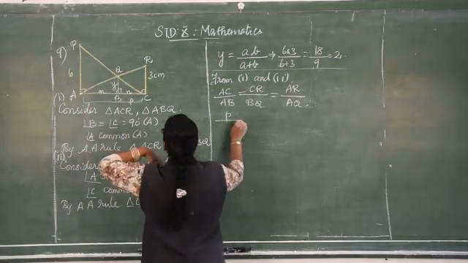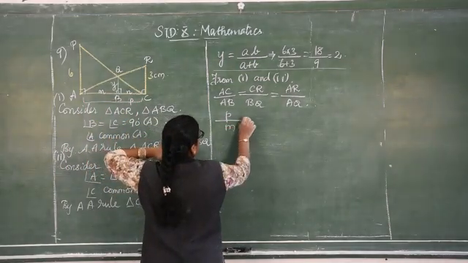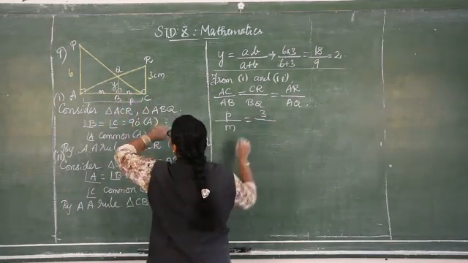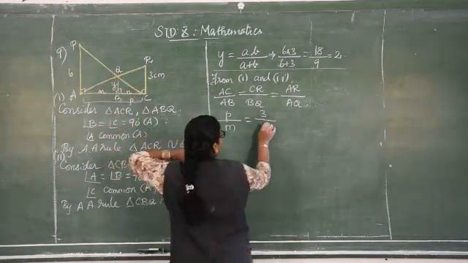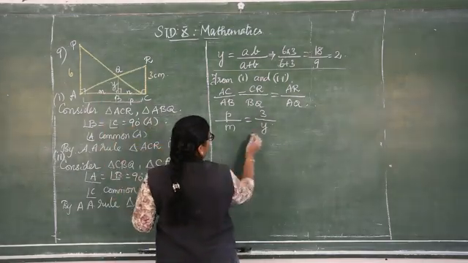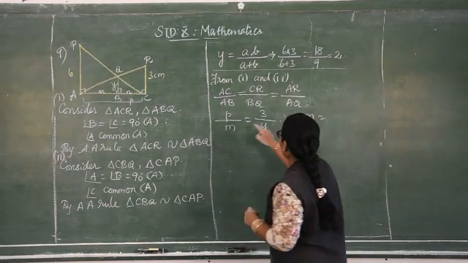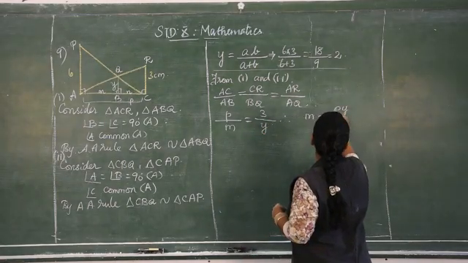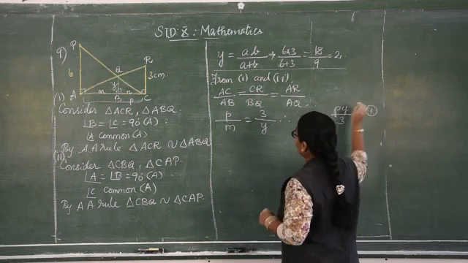This is your P. What is your AB? This is your M. What is your CR? CR is 3. What is your BQ? BQ is Y. So we termed this M alone on one side. So M can be written as, bring the M to this side, PY by 3. This is your first condition.